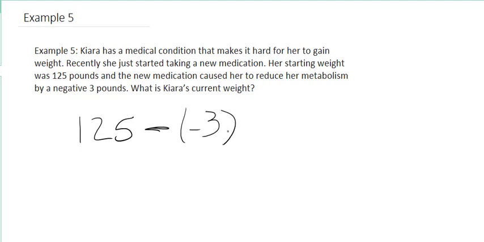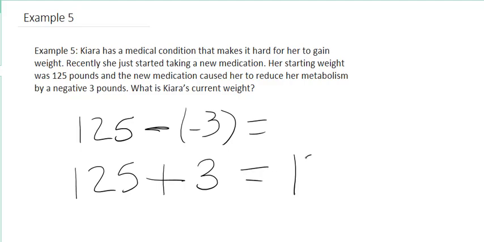So we'll put this like that. And since the equation has two of the same signs next to each other, we need to make that a positive sign. So this really becomes 125 positive now, or plus 3, to equal 128 pounds.